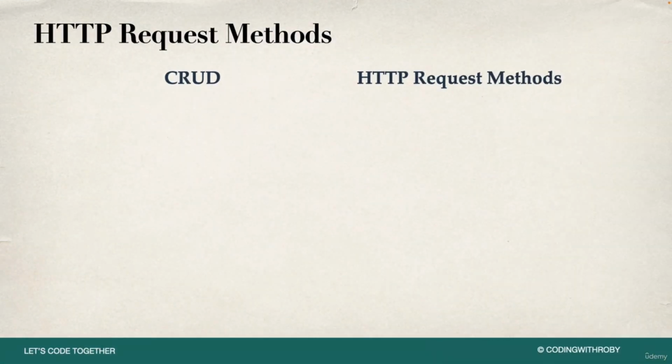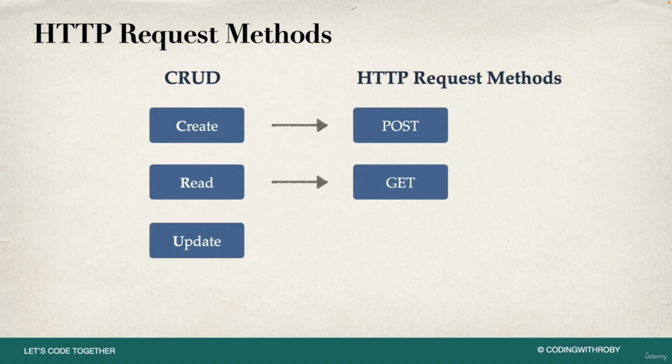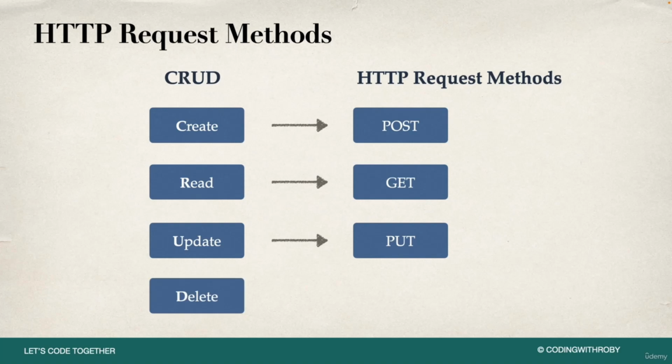So HTTP request methods have their own verbs attached to the CRUD operations that we need to use within our application. So create in HTTP request methods is considered a post. Read is considered a get, and update is considered a put, and a delete is considered a delete, which is nice.